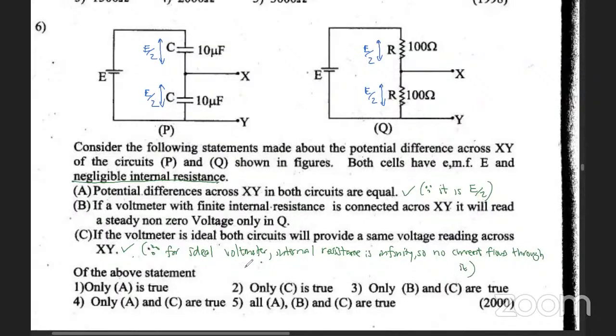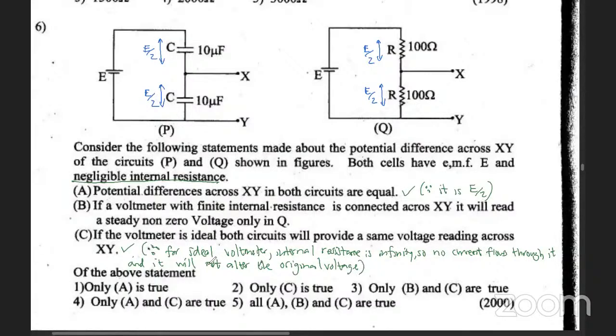When you put an ideal voltmeter, it will always show the accurate reading. It will not alter the original voltage. That's something we need to know.